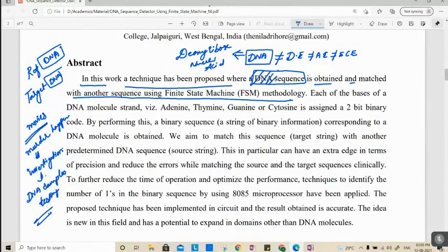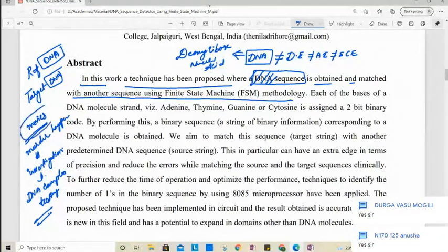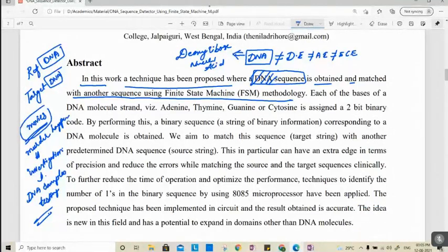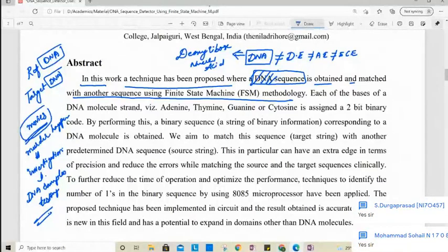Has anyone heard of DNA in their lifetime? Anyone from both the batches? That is the same DNA which we are talking about here, which we are discussing here.